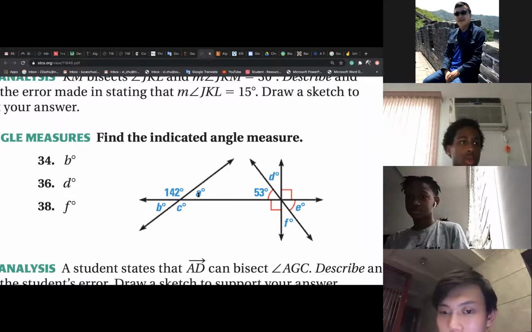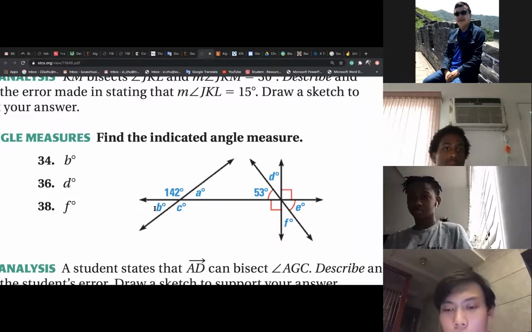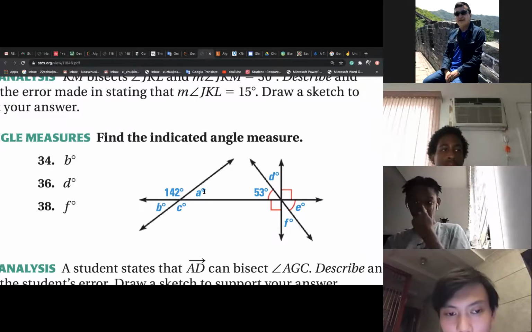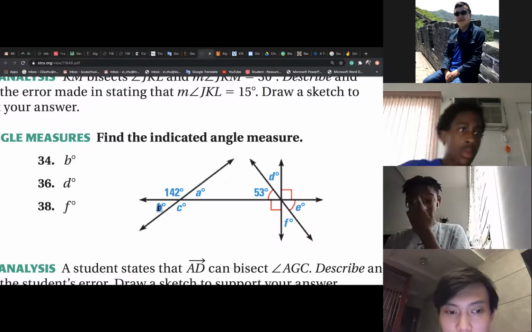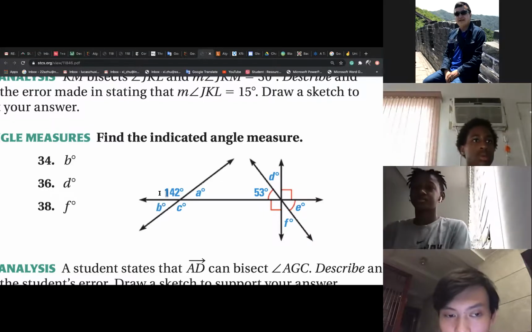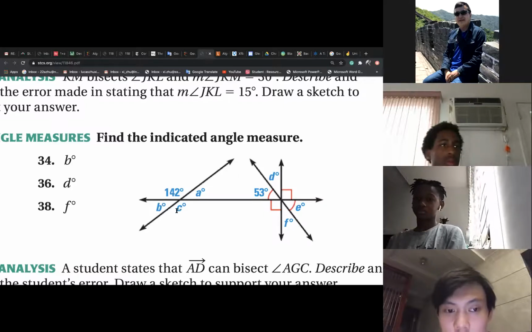And they always equal the opposite angle. The opposite angles are always congruent. Over here, angle A is always congruent to angle B, and this angle is definitely congruent to this angle, angle C.